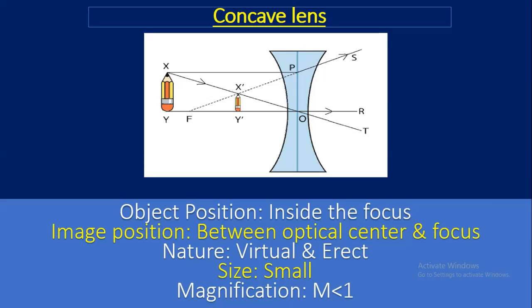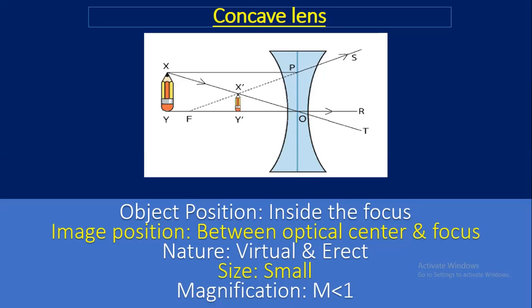But in the convex lens, the position and the nature of the image change with the position of the object, but in the concave lens the position, nature and size of the image remain the same, that is virtual, erect, and small, and the magnification is always less than 1. That's the difference between convex lens and concave lens.